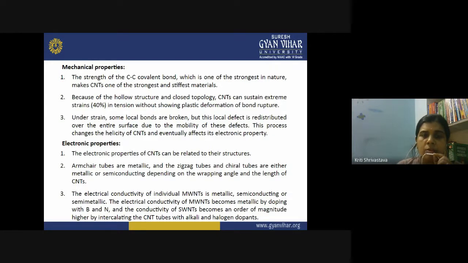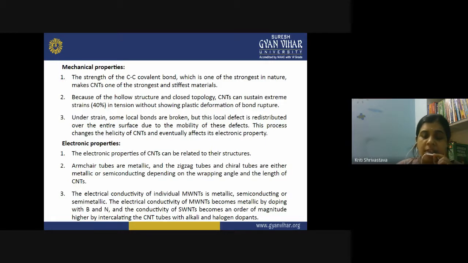Because of the hollow structure and closed topology, these are the two conditions due to which the CNTs can sustain extreme strains, 40% in tension, without showing plastic deformation or bond rupture. So their strain bearing capacity is due to that hollow structure. It can withstand very high strain without getting deformed.